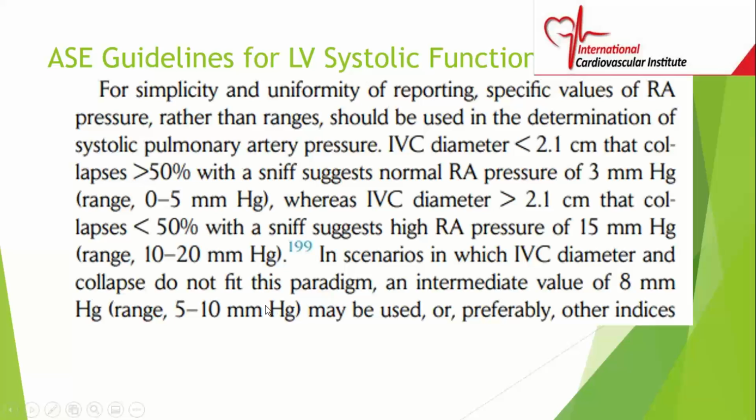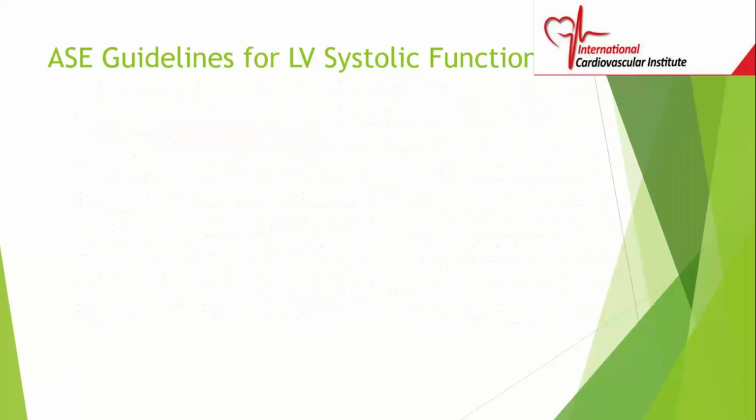So remember, that's right atrial pressure, and the range is from 5 to 10. So this is a part of your routine study as well, because you should report your right ventricular systolic pressure or pulmonary artery systolic pressure in all your patients if they have TR, tricuspid regurgitation.